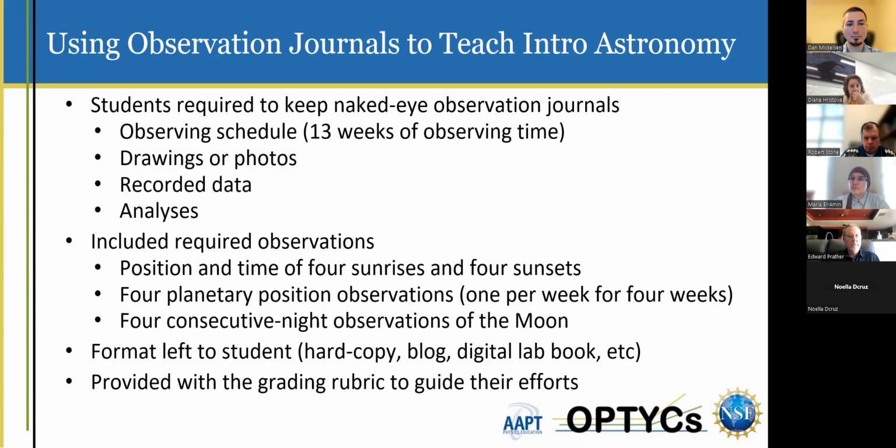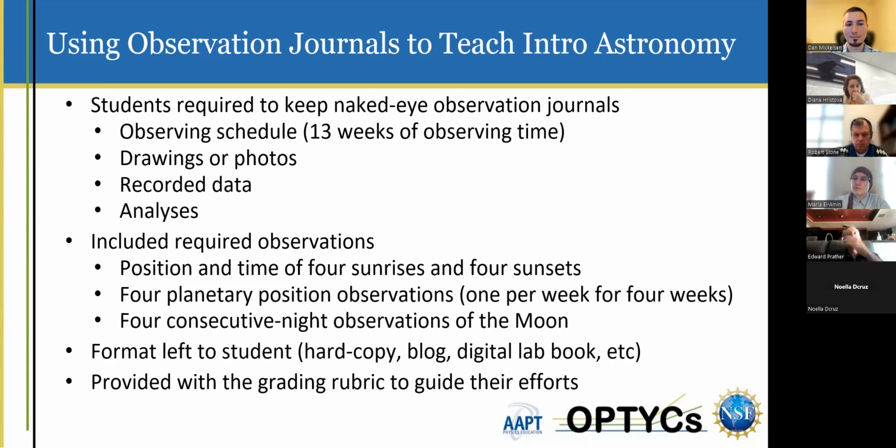The journals included some required observations, and I've listed them here. The position and time of 4 sunrises and 4 sunsets, 4 planetary position observations, 1 per week for 4 weeks, basically to document the path of that planet against the background stars, and then 4 consecutive night observations of the moon.